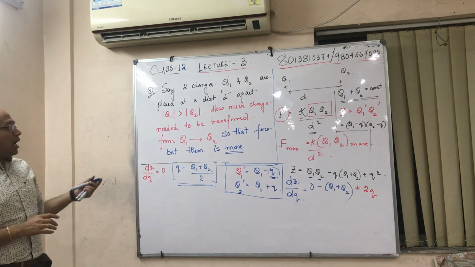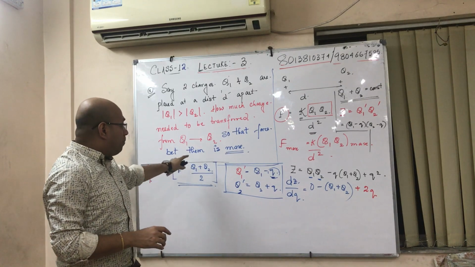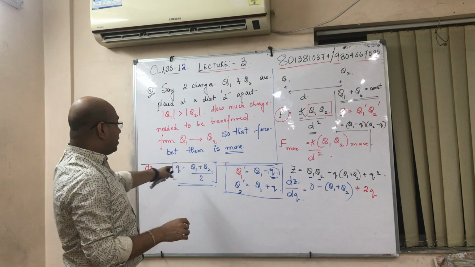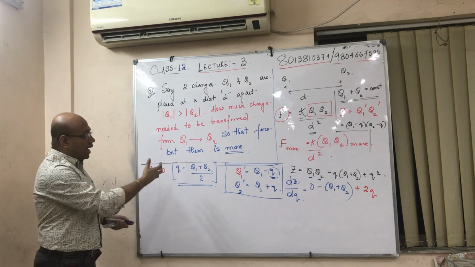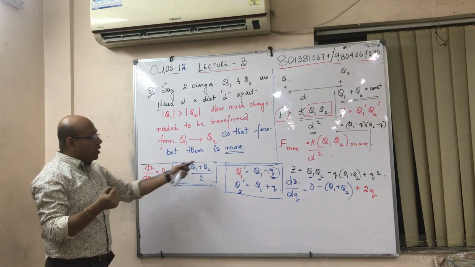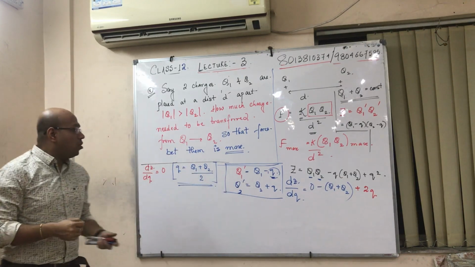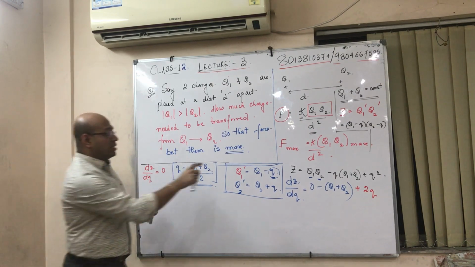So this is the amount of charge which I need to take out from Q1 dash and put to Q2 dash. Now check it. Is this thing correct?